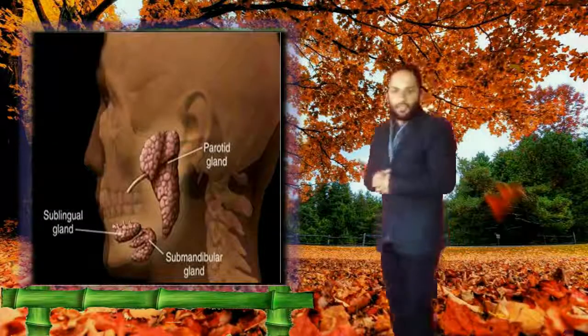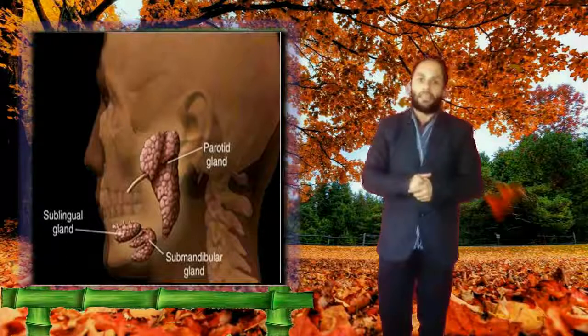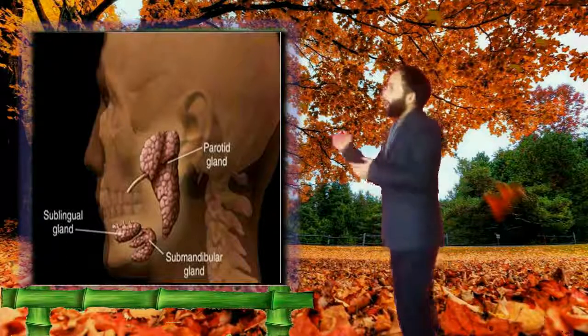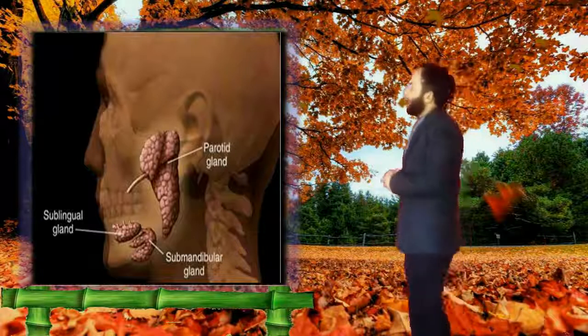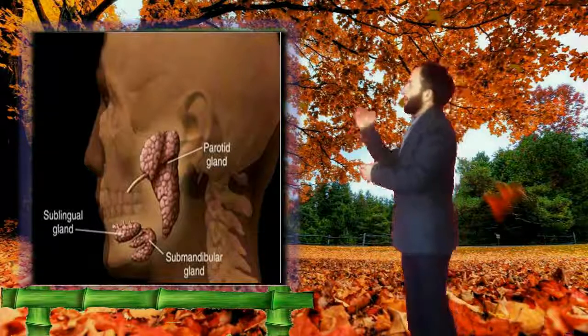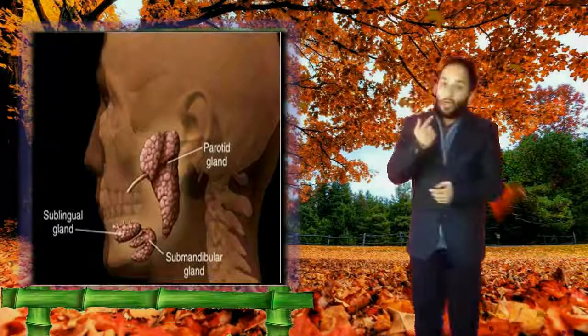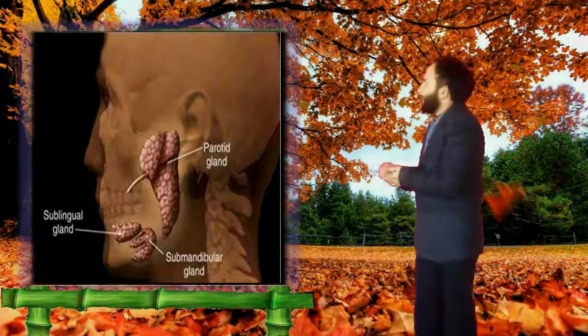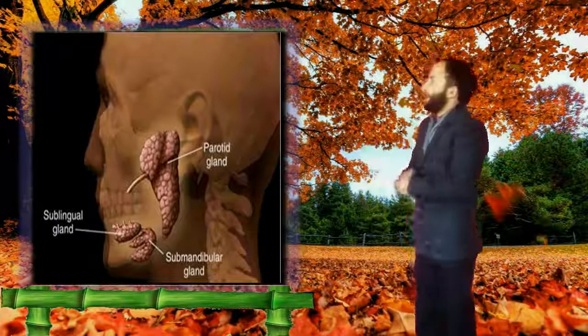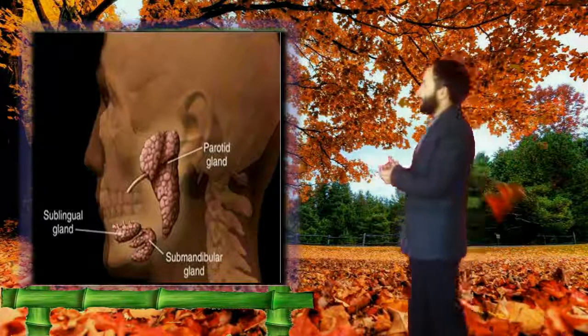In addition to this, there are three pairs of salivary glands opening into the mouth, like the parotid salivary gland opening through the parotid duct adjacent to the upper molar. Next is the submandibular salivary gland and the sublingual salivary gland.